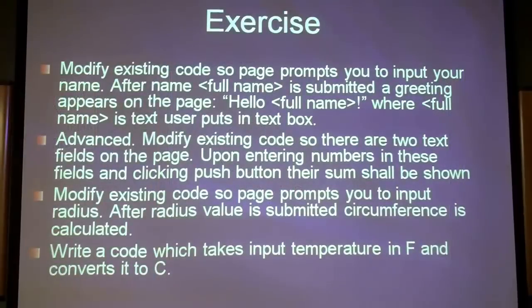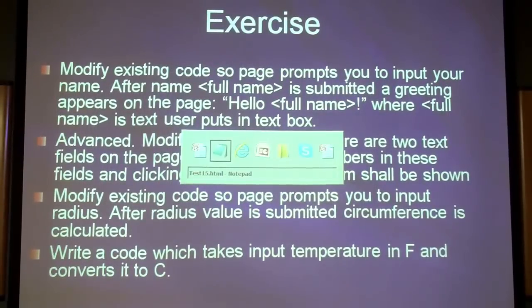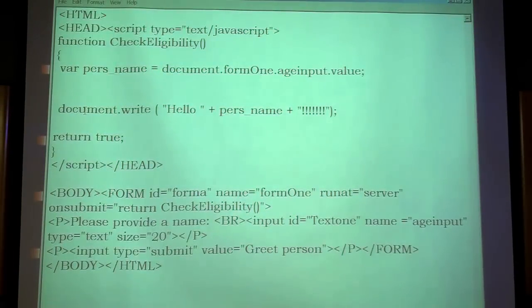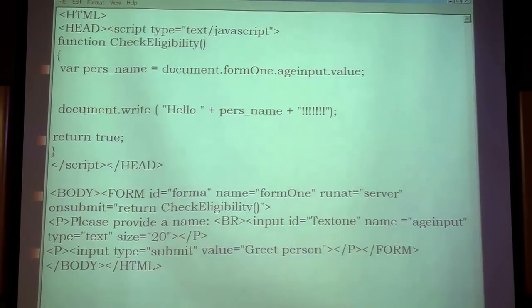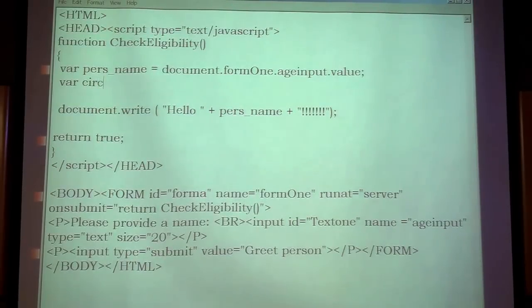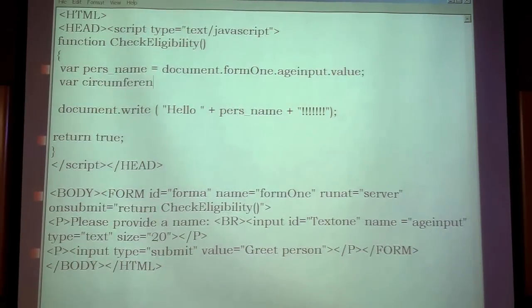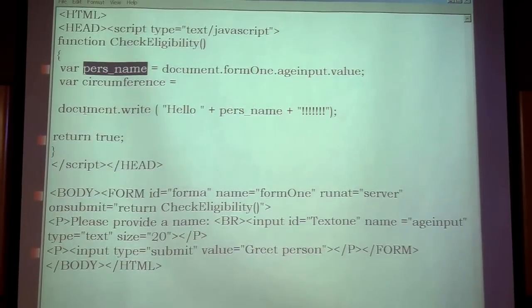The code which I'm going to modify is already existing code. So what I do here, instead of just saying hello plus personal name, I don't do that. What I need to do is say variable circumference equals, this is personal name, I'm going to change that. That's not a personal name, but radius.